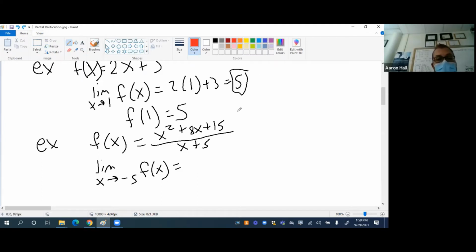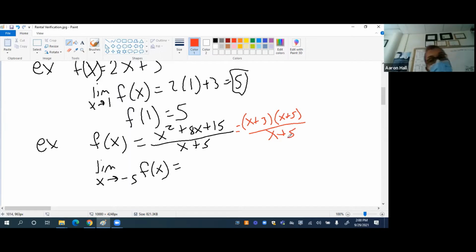Does anybody remember how we find the limit of this? Nobody remembers? Can we find the limit by factoring? What if I factor the numerator? What do I get? x plus 3 and x plus 5, over x plus 5, all right.